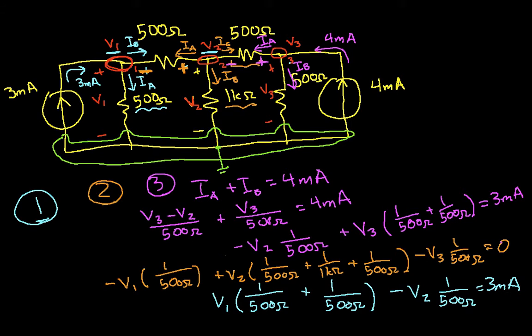Okay. So it's pretty messy, but I now have 3 equations and 3 unknowns, and all I need to do to be done here is solve these 3 equations and 3 unknowns.